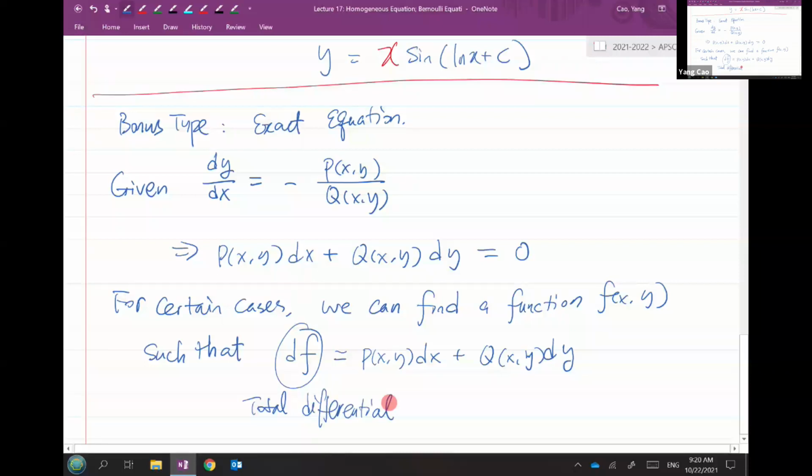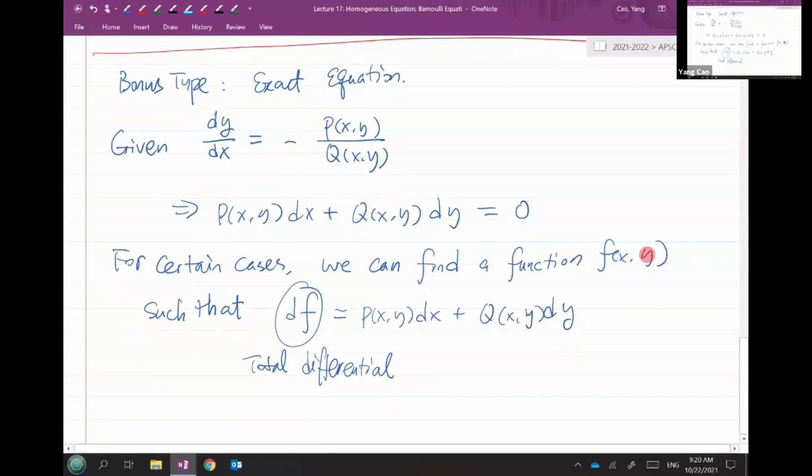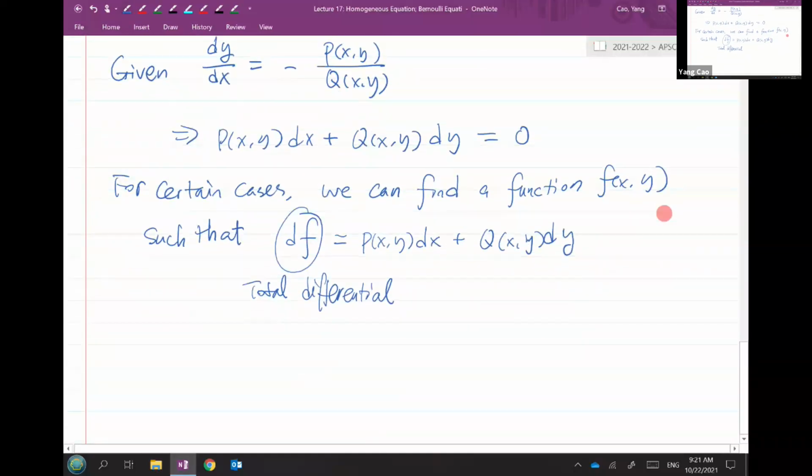So essentially, I can reword it. You may be able to find a function f of x, y, and if you take the total differential of that function f, you end up with exactly the left side of this differential equation. So that's just the ideal situation, and it really could happen. But so what if it can happen?